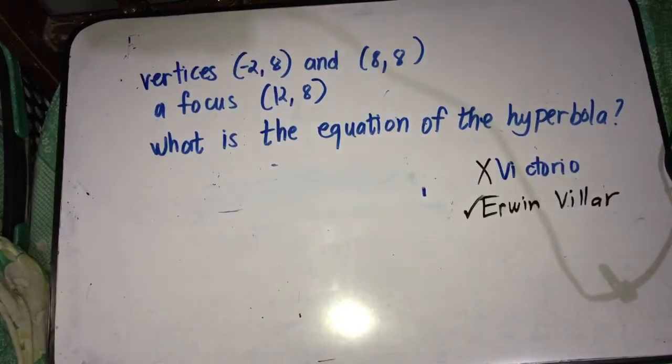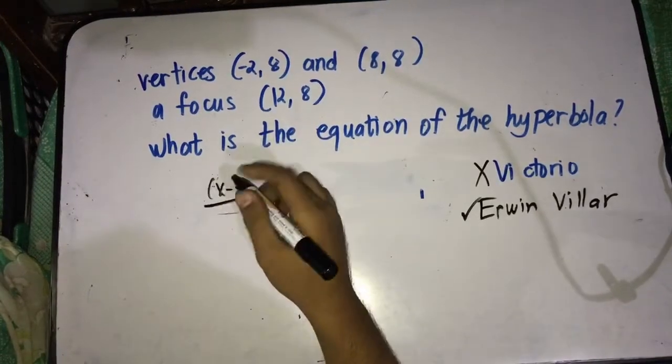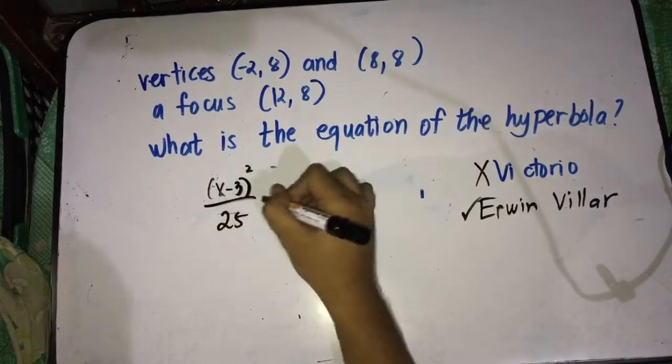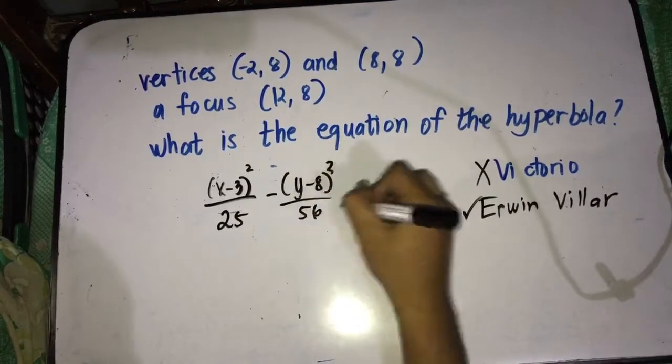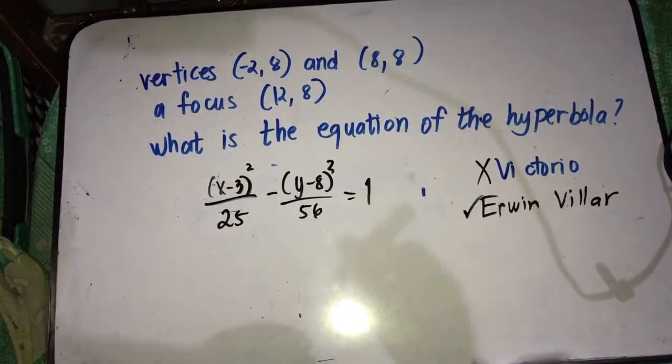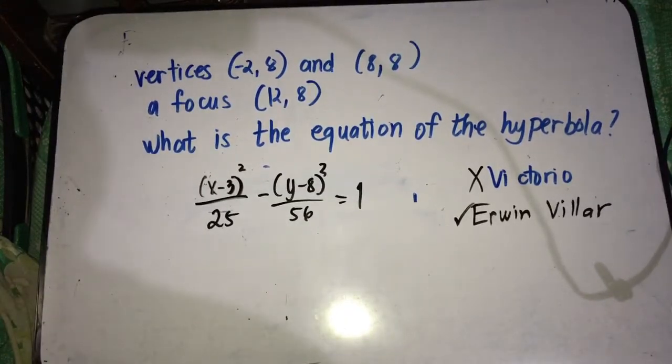The correct answer would be x minus 3 quantity squared over 25 minus y minus 8 quantity squared over 56 is equal to 1. Okay, so Mr. Erwin Villar got the correct answer.